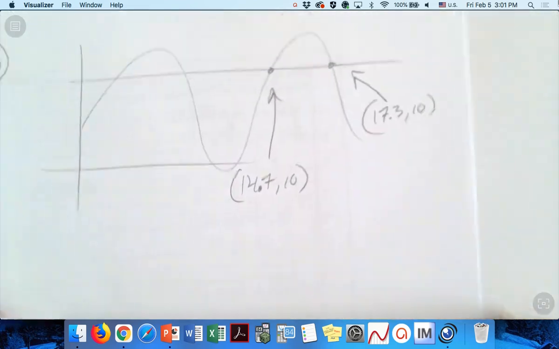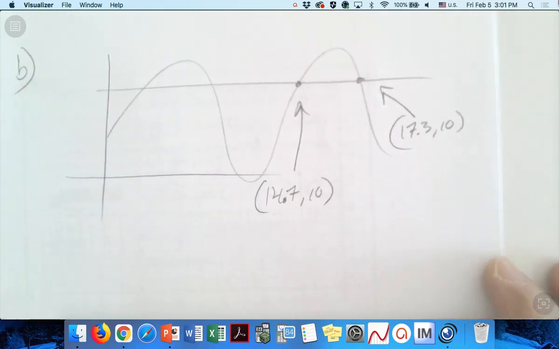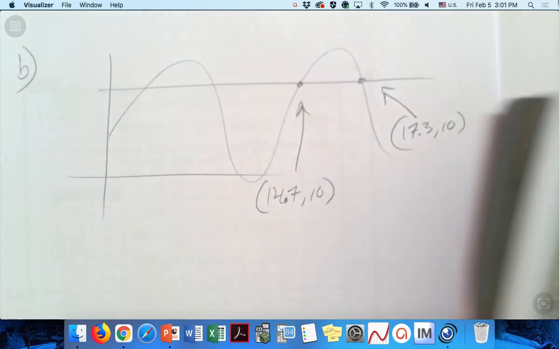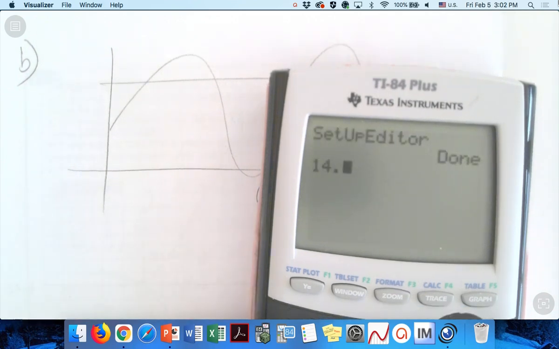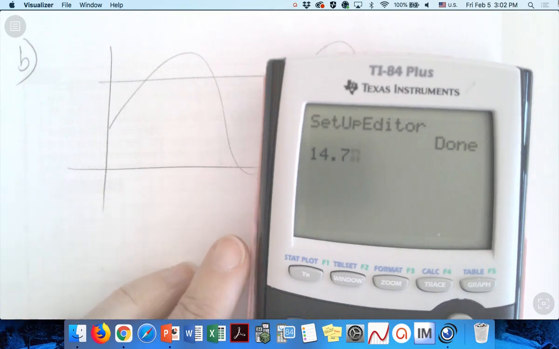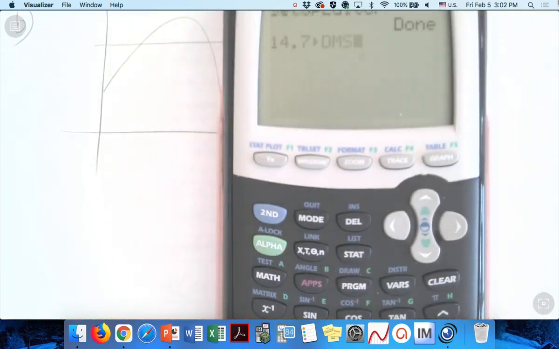We want to convert that to time. You know what you could do? Degrees, minutes, seconds. Even though degrees and hours are not the same thing, they're both base 60. So you can just go 14.7, your angle menu, which was the second apps, DMS.